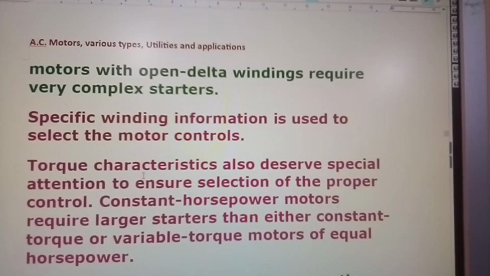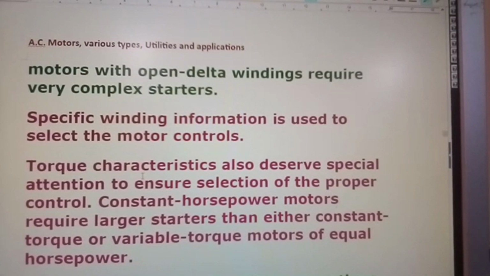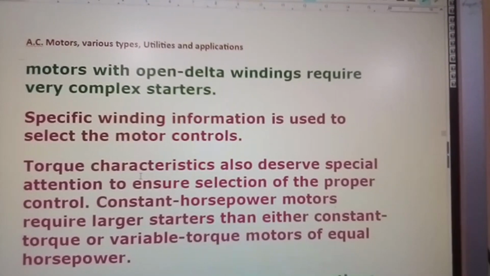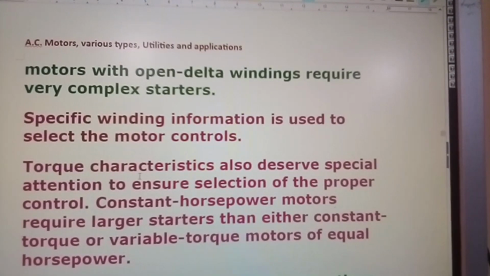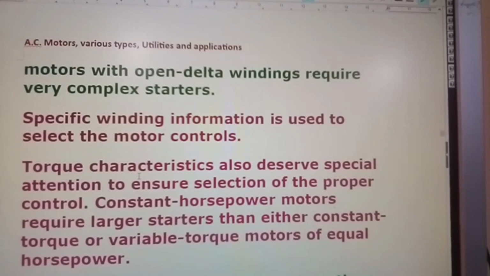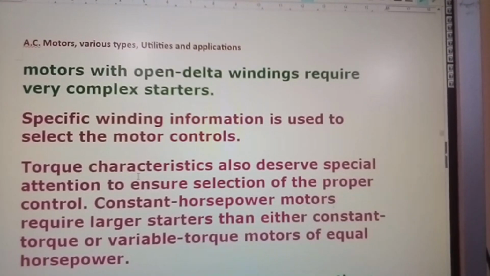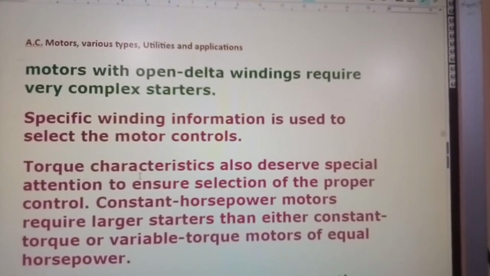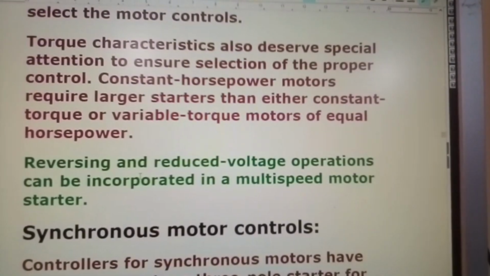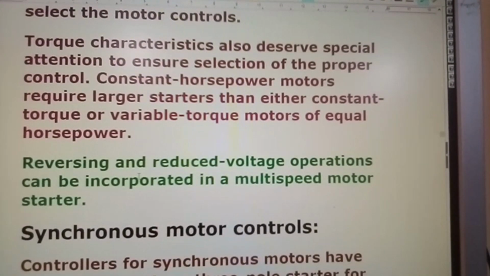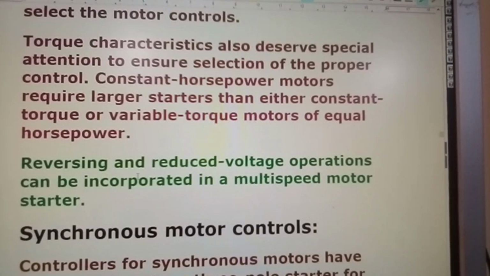Specific windings information is used to select the motor controls. Torque characteristics also deserve special attention to ensure selection of the proper control. Constant horsepower motors require larger starters than either constant torque or variable torque motors of equal horsepower. Now, reversing and reduced voltage operations can be incorporated in a multi-speed motor starter.